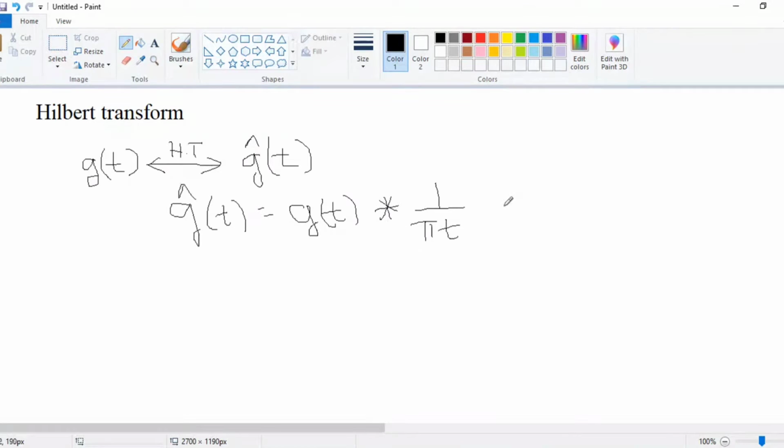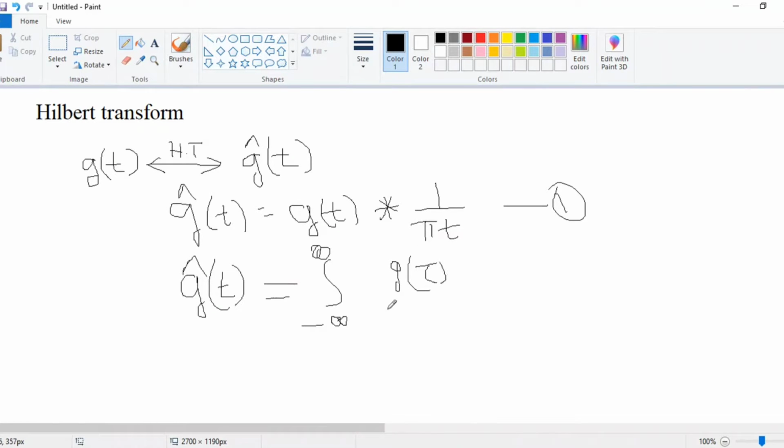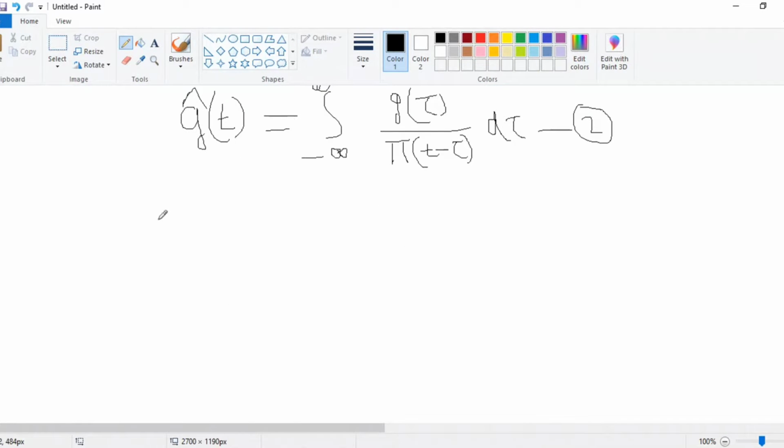You can either use this formula, this is the first formula, or you can even use the convolution integral formula, that is g cap of t is equal to integral from minus infinity to plus infinity of g of tau divided by pi into t minus tau d tau. This is the second equation which you can use.